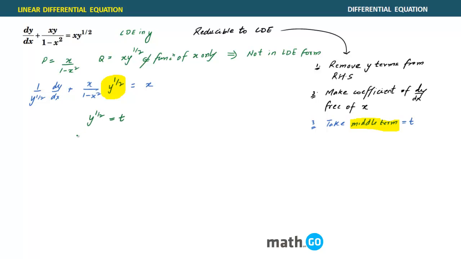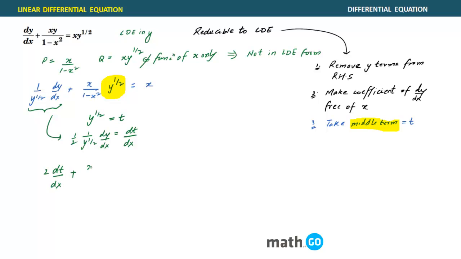What will be the derivative? 1 by 2 square root of y, yes, right? Dy, let's say we differentiate with respect to x, is equal to dt by dx. So can you see what benefit we have derived from here? This complete value is here. So it completely gets converted to 2 times dt by dx.